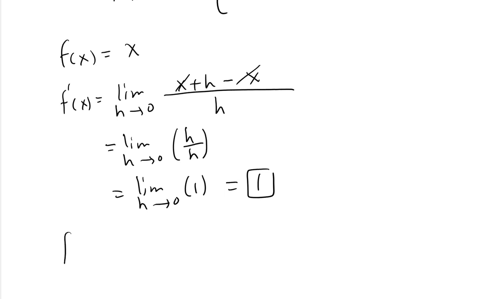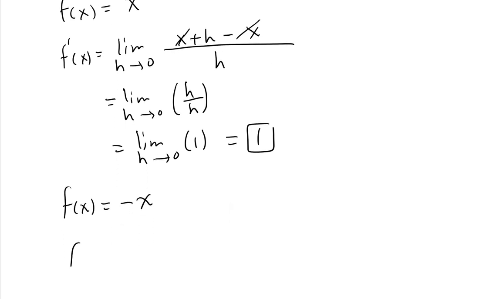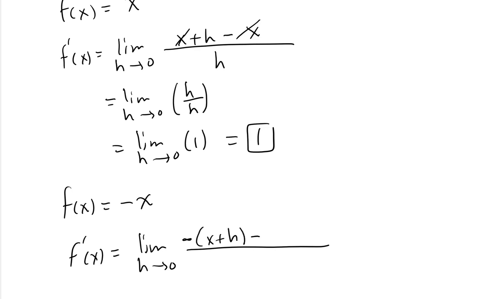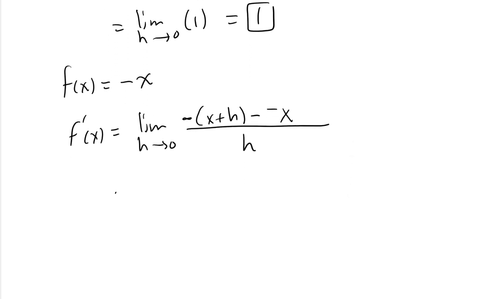And we do the same thing for the other one, f of x equals negative x. f prime of x equals the limit as h goes to 0 of f of x plus h, so we replace x with x plus h, minus the function itself, all over h. This equals the limit as h goes to 0 of negative x minus h plus x all over h.